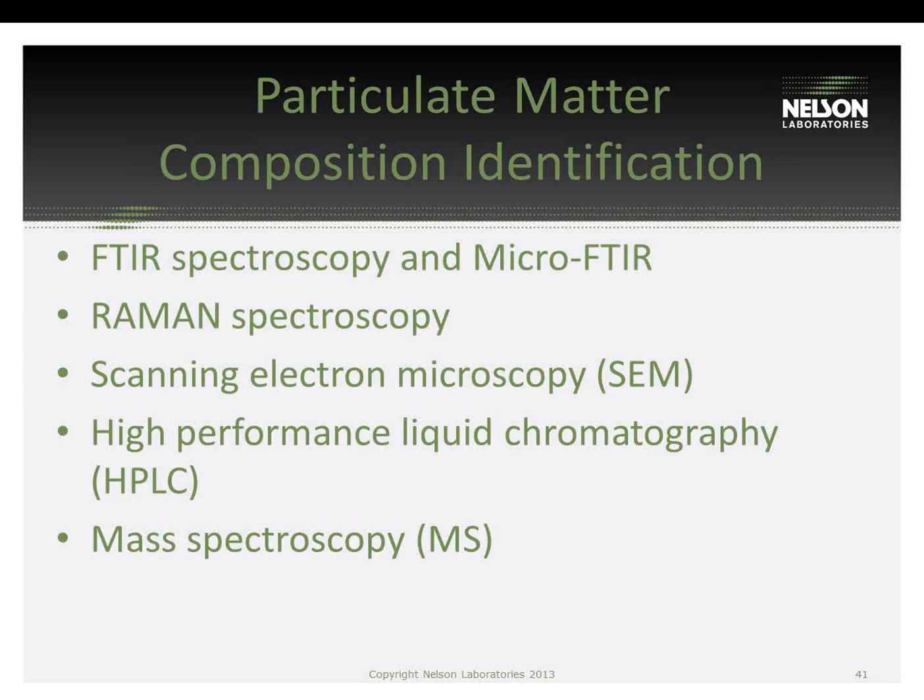There are several other ways we can identify particulate matter, some of which we have in-house, some of which we don't. There's Raman spectroscopy and SEM, scanning electron microscopy, and then HPLC has limited ability to provide identification of particulate matter, as well as mass spectroscopy.